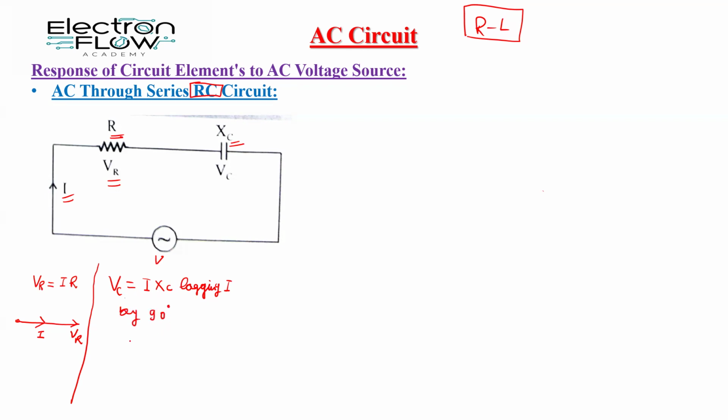So if I draw the phasor diagram here, this is our current I. From the current, 90 degrees apart, is situated the VC.